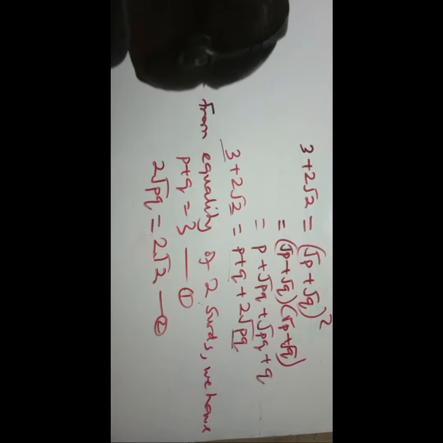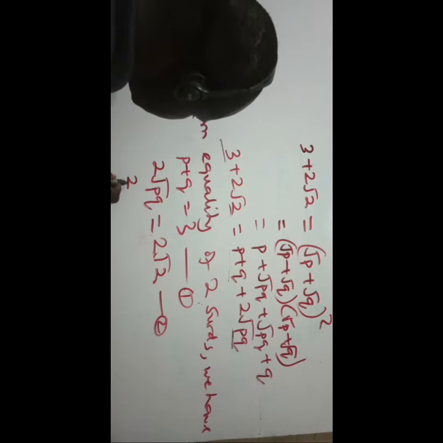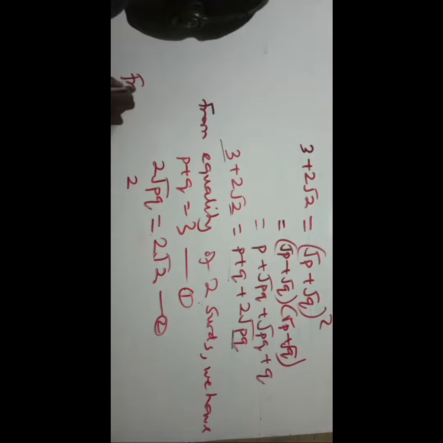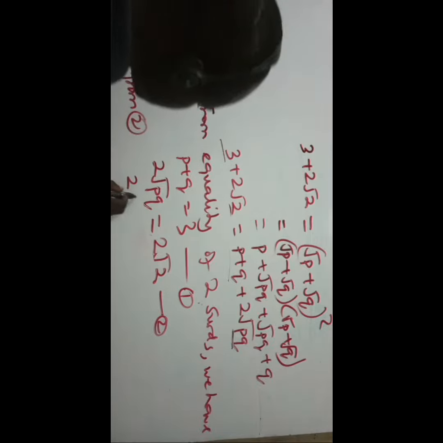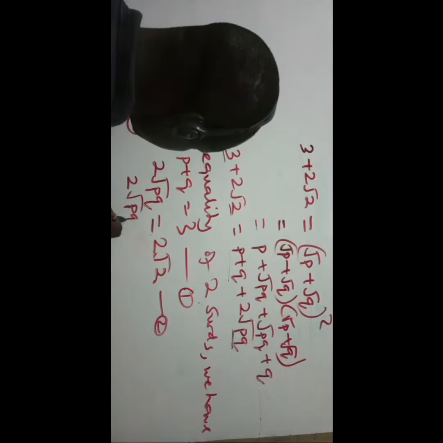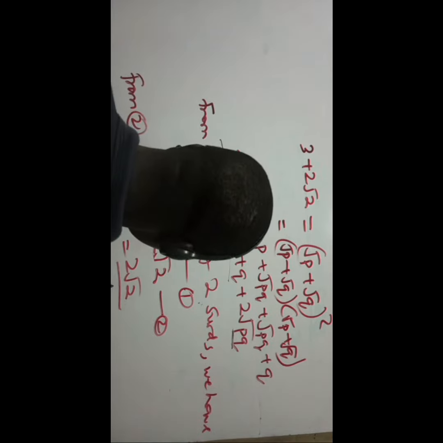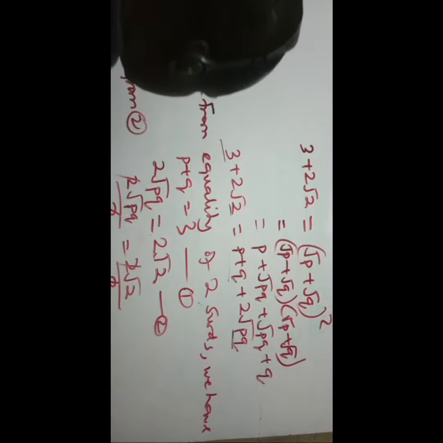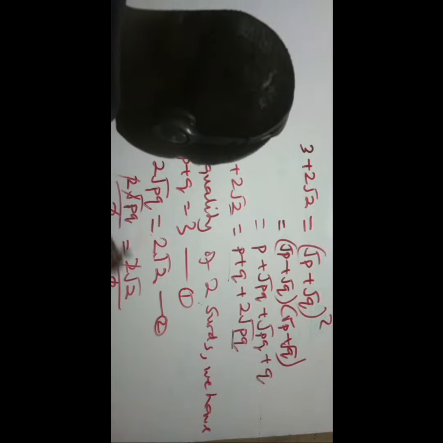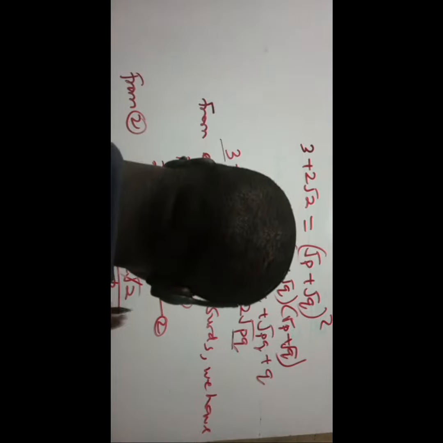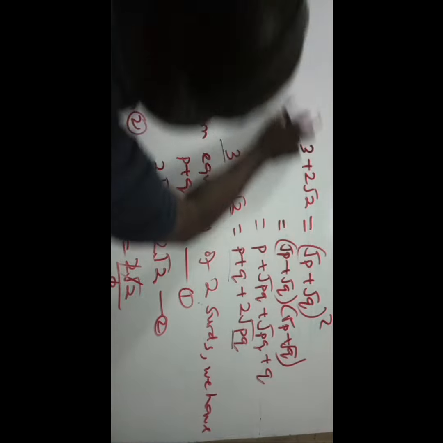So from equation 2, we can divide both sides by 2: 2 root pq divided by 2 is equal to 2 root 2 divided by 2. So 2 will cancel this, 2 will cancel this. And of course, square root can take care of square root. So what do we have?